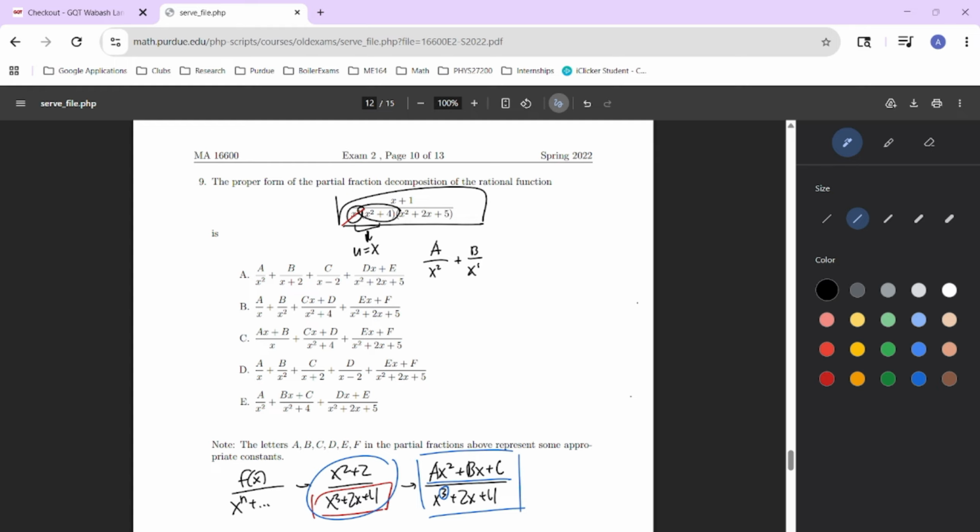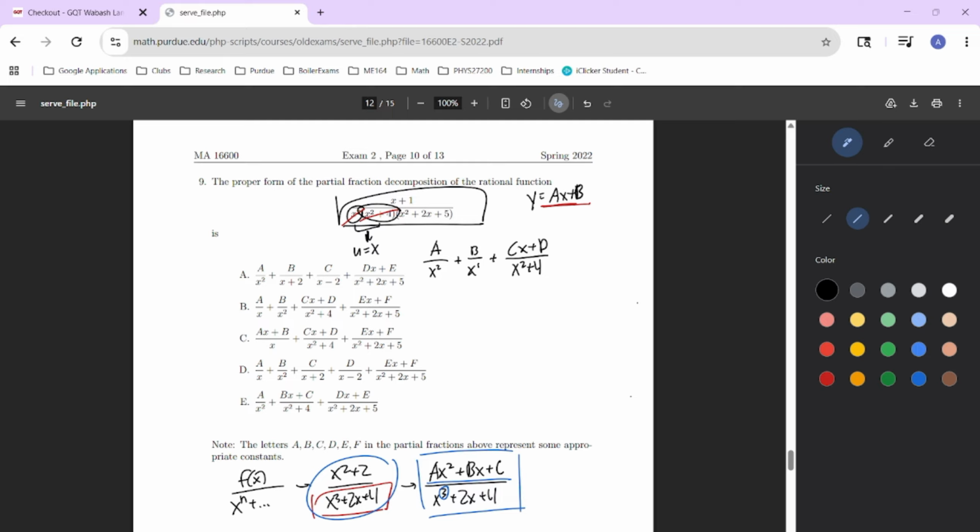The general format of a line, let me remind you, would be y equals ax plus b, and we're looking for the general form. So a and b are already taken up, which means that we now have to use c and d. So cx plus d is our general solution of 1 degree lower than the denominator, x squared plus 4. And we have nothing else to care about, so we can cross this one off the list too.